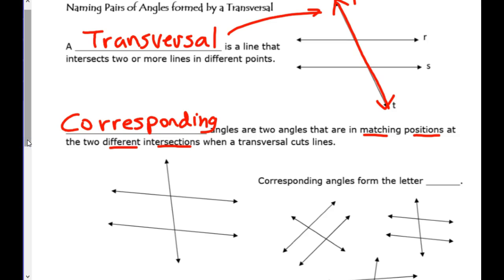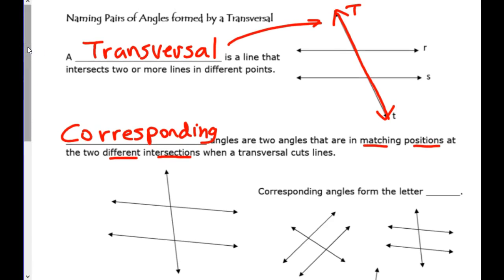What I want you to do for this little section, all 4 of those pictures, is label T on the transversal. So do what I did at the top here. Underneath corresponding, identify the transversal.